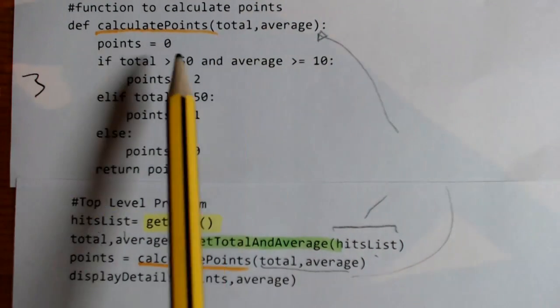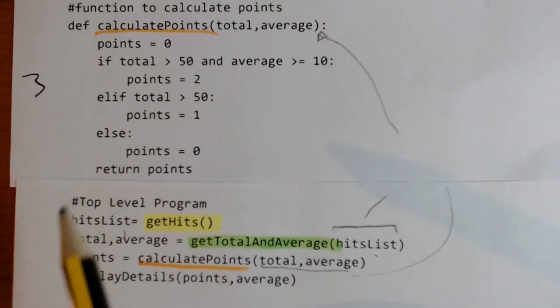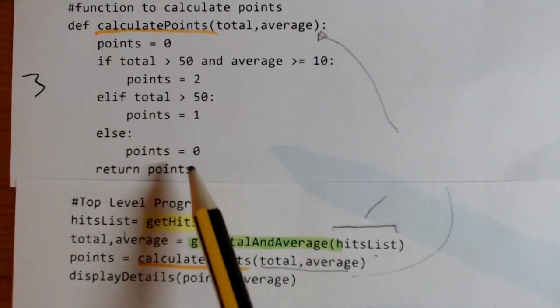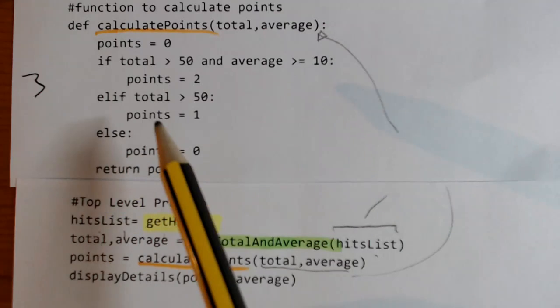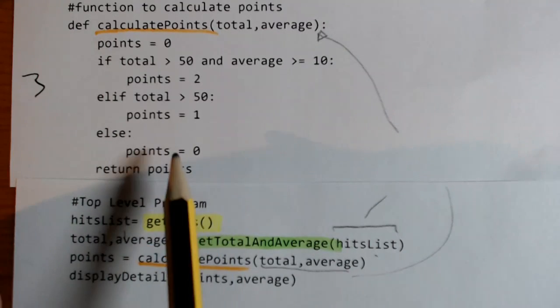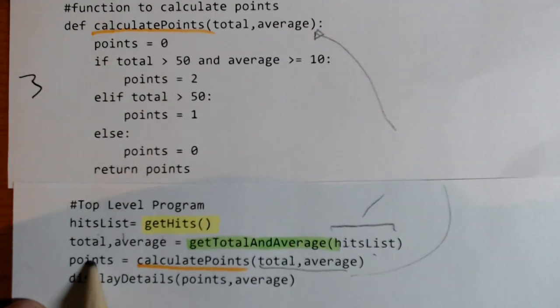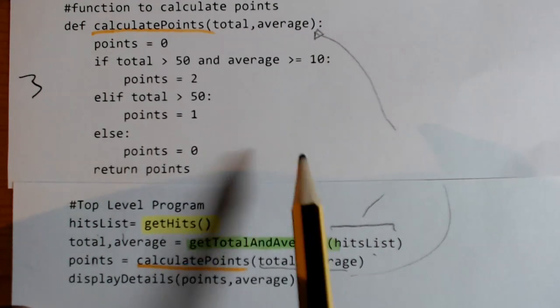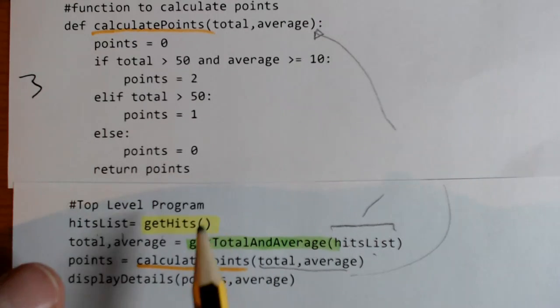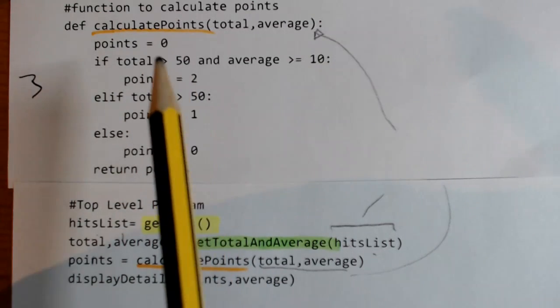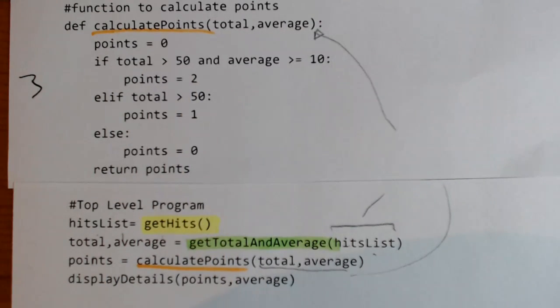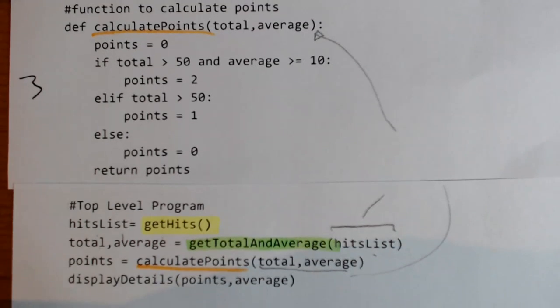Again, a wee local variable, points, and then it just works through the conditional statements, and once it's allocated the points, it then returns points back to this variable. So the values that are getting passed between the top level program and the function, and from the function back to the top level program, we just call this parameter passing.